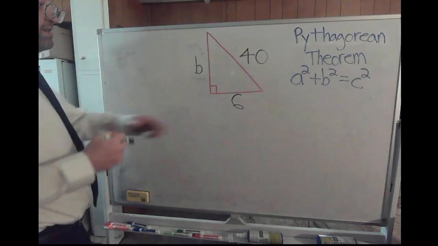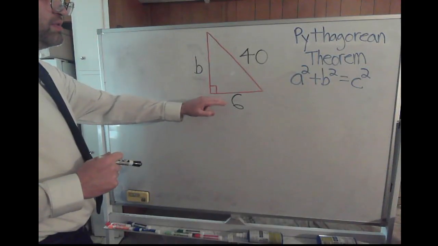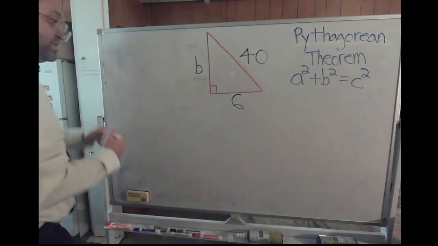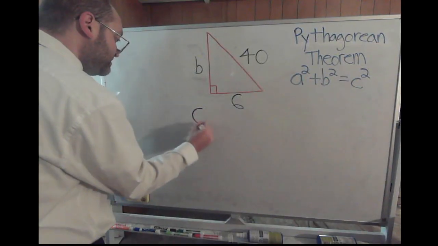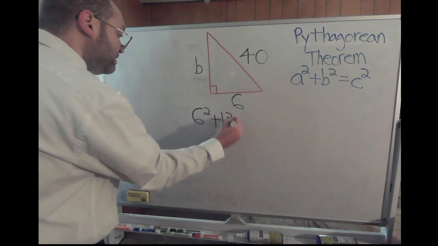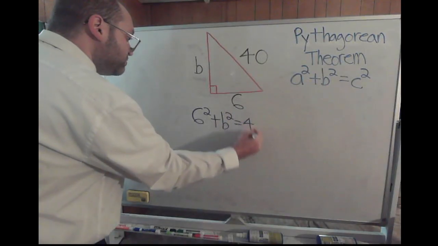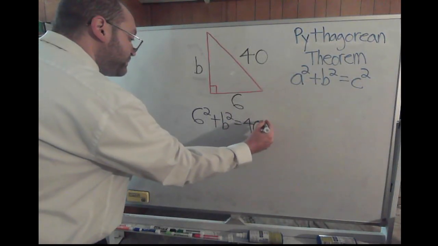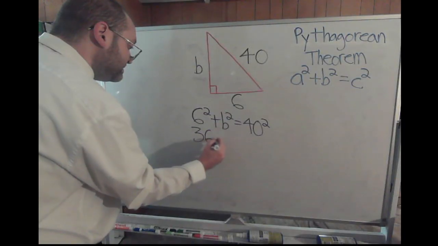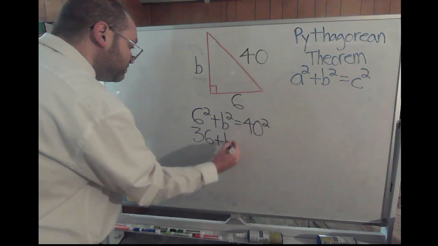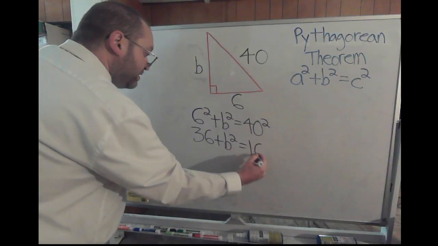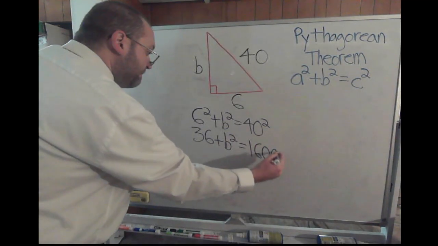Okay, so we have a right triangle with lengths 6, B, and 40. Well, still the same process. You'll take your 6 squared plus B squared. You'll set that equal to your 40 squared. Well, 6 squared, that's 36, plus your B squared. That's going to be equal to 1600. That would be 40 squared.